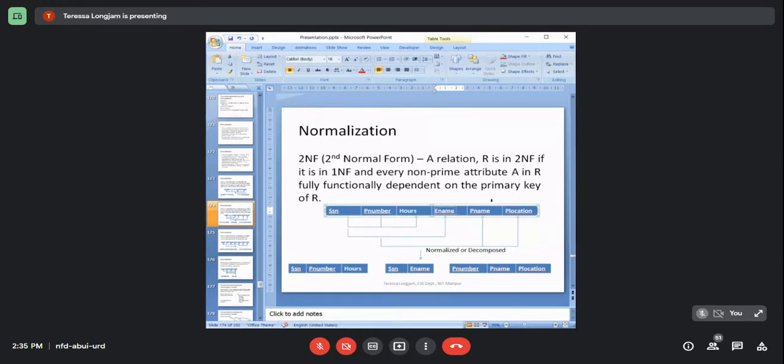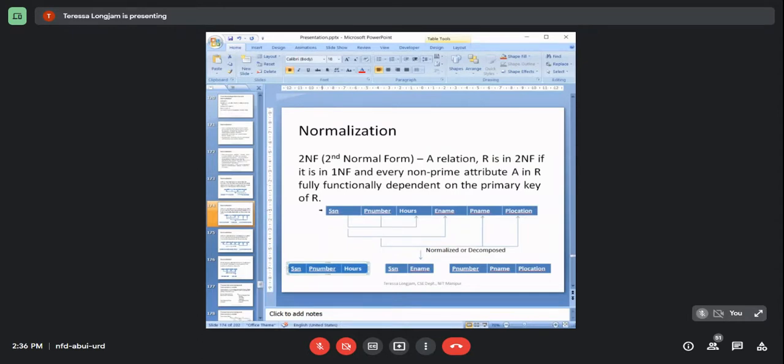Same thing again for the second partial dependency: we will take out pname and p location, and we will have another attribute, the part of the key on which pname and p location are depending.